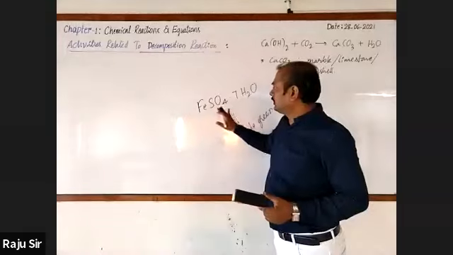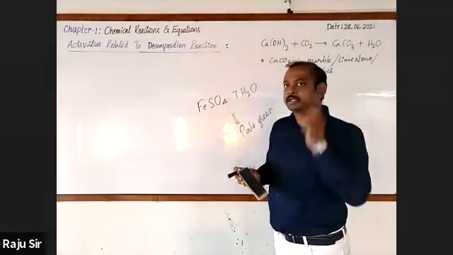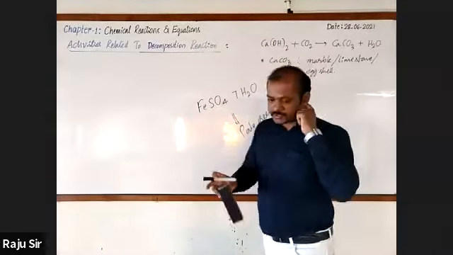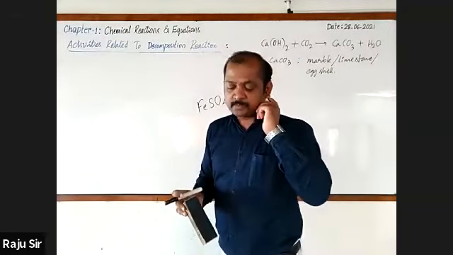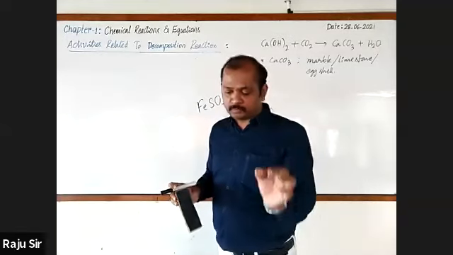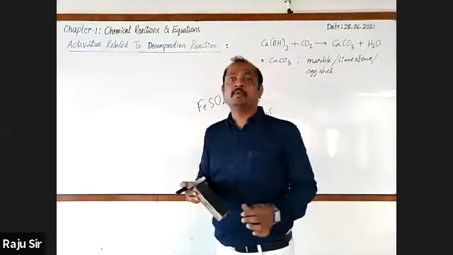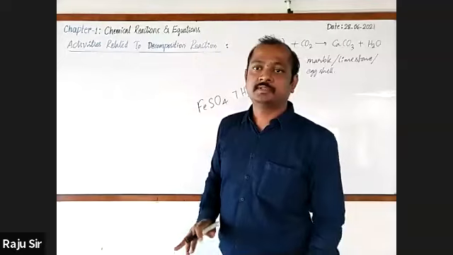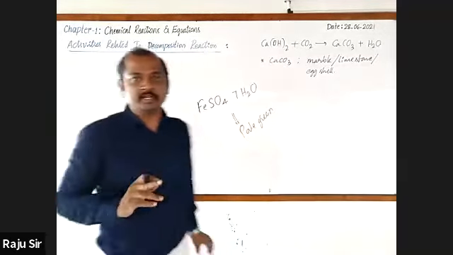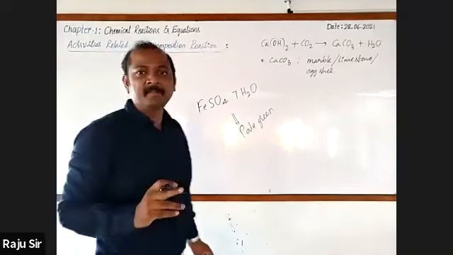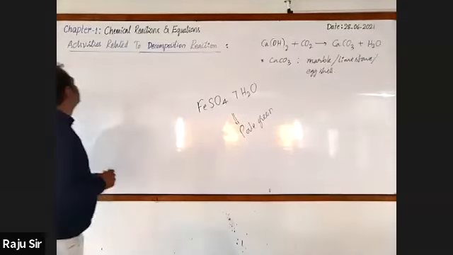Here let me give you the activities one by one. This is the very first activity, and the question has come in exams. Explain the experiment with a neat labelled diagram to show decomposition of ferrous sulfate. Are you writing? Okay. Right.